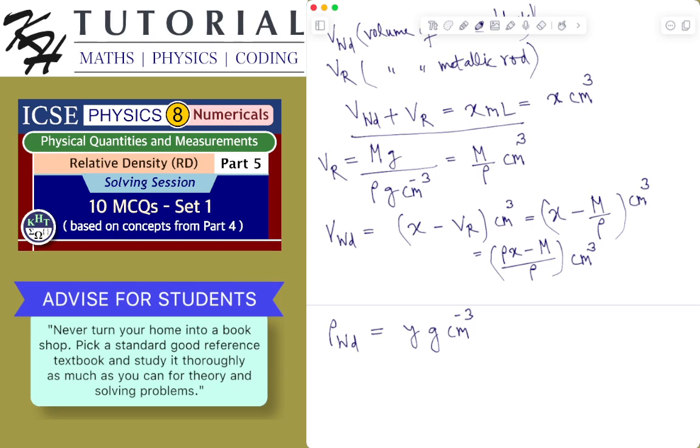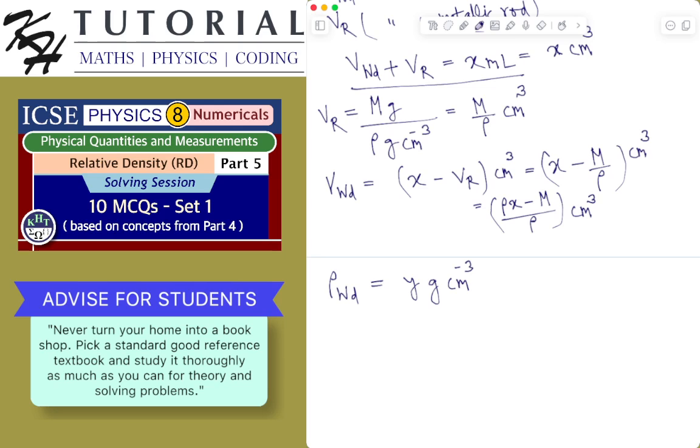Now we know the volume of the wooden block, we know the density of the wooden block, so we can clearly find the mass of the wooden block.